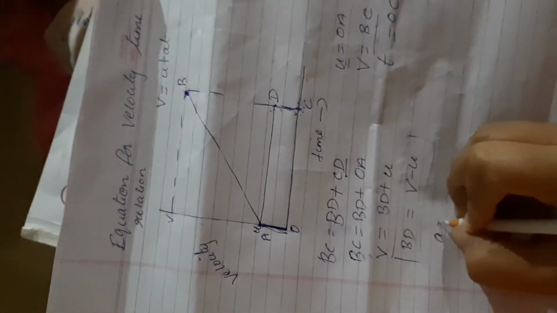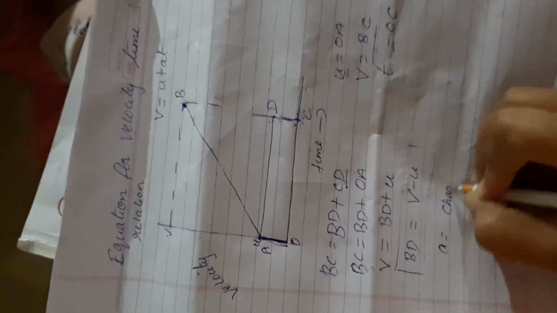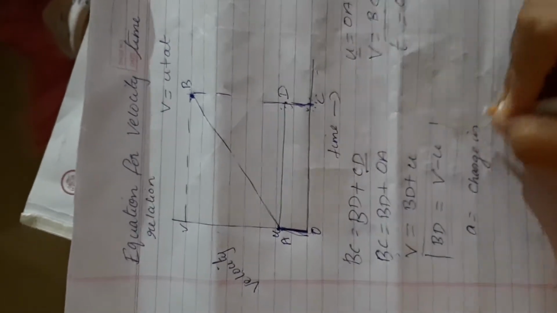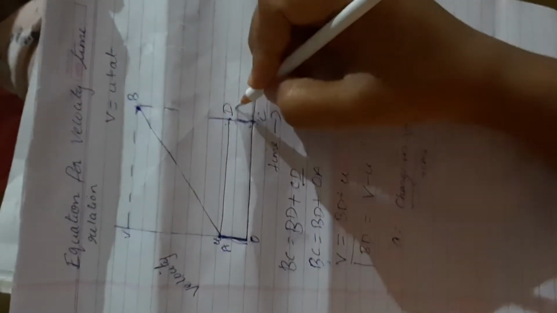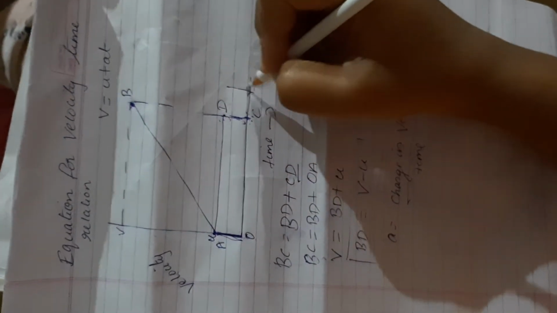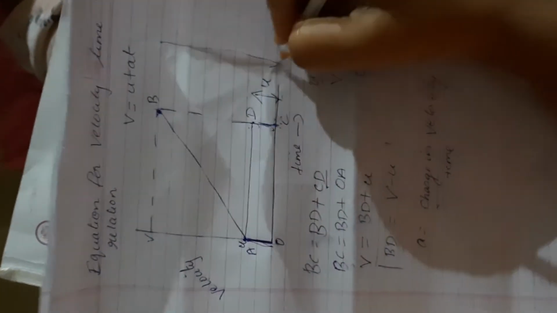Okay. Then here what is the equation of acceleration? Acceleration equals change in velocity by time, right? So here what is change in velocity? This is U and this one is V, right?